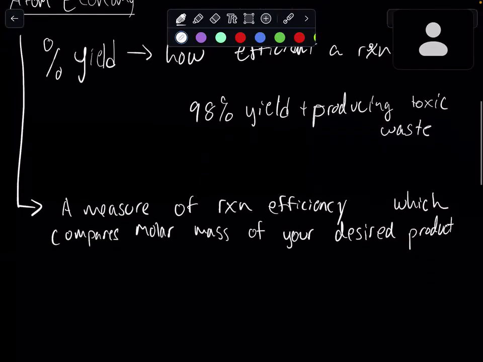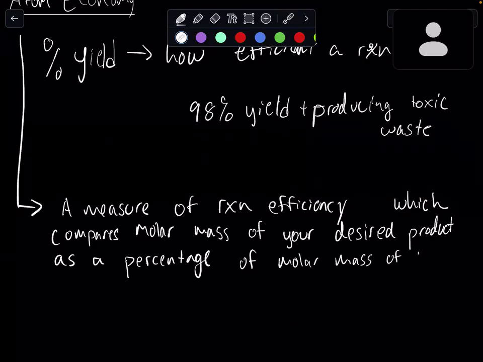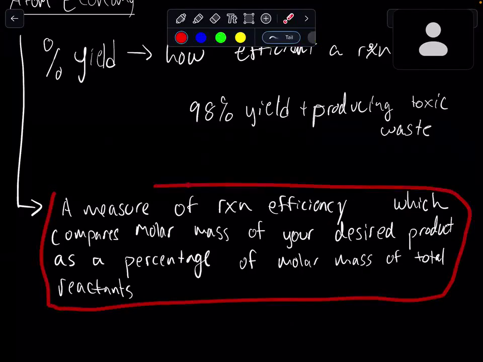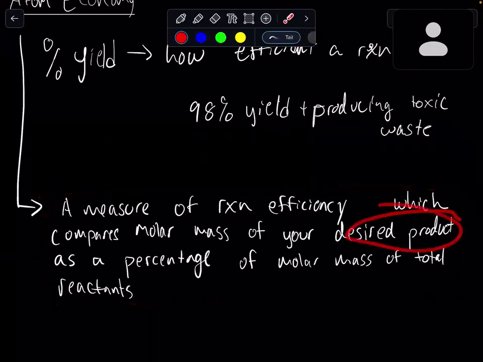And what you're going to do is show that molar mass of your desired product as a percentage. We like percentages when talking about efficiency of molar mass of total reactants. What that means is we're comparing our final product to what we put in. So we're trying to actually see how much of our reactants became our product because that's true efficiency.